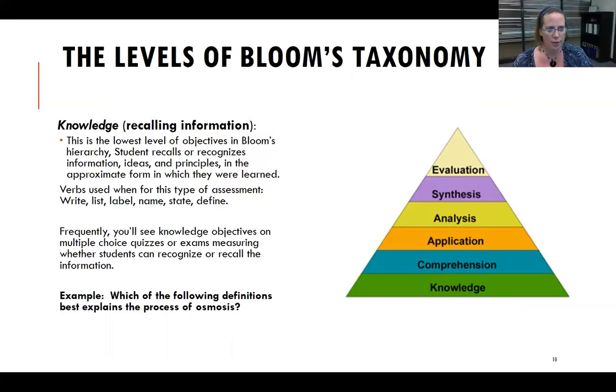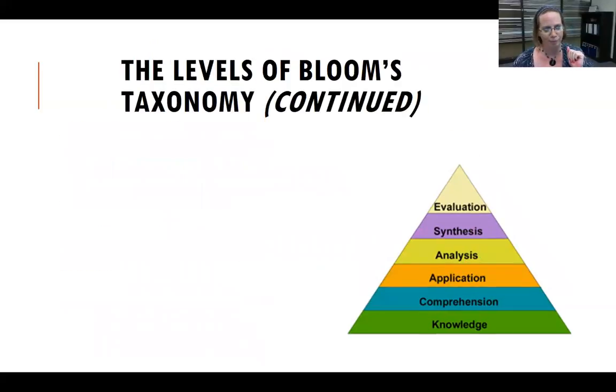Verbs used at this level would be write, list, label, name, state, or define. So again, frequently you'll see knowledge objectives on multiple choice quizzes or exams, measuring whether students can recognize or recall the information. For example, which of the following definitions best explains the process of osmosis?